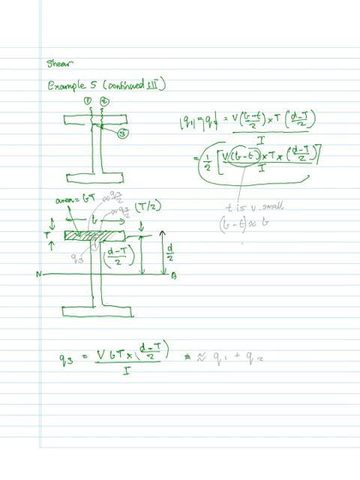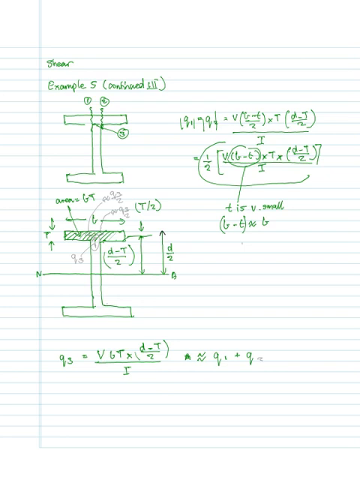So now you can see that Q1 and Q2 is equal to, now we've already said that Q1 and Q2 is going to be equal to B minus T, and that we have already said that T is very small.